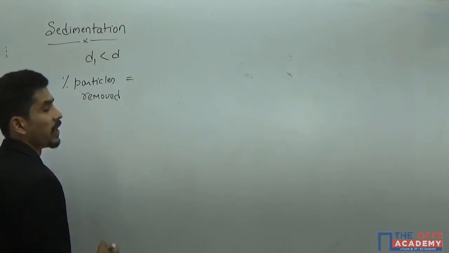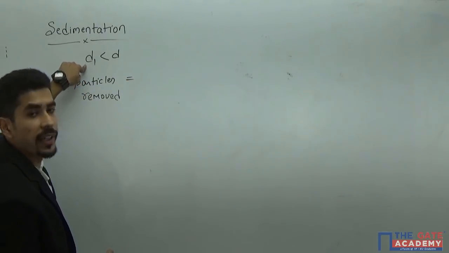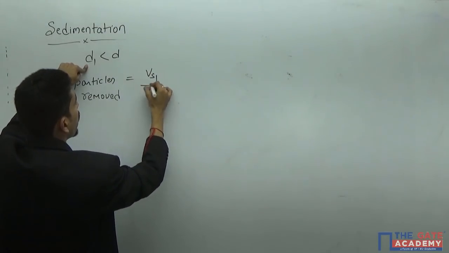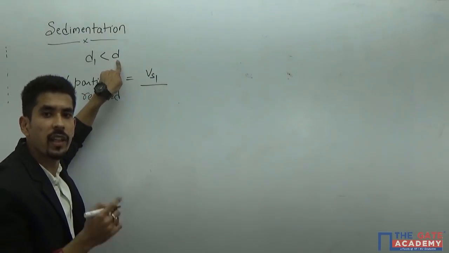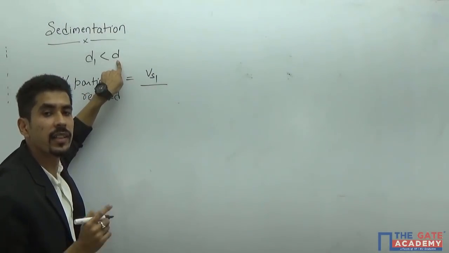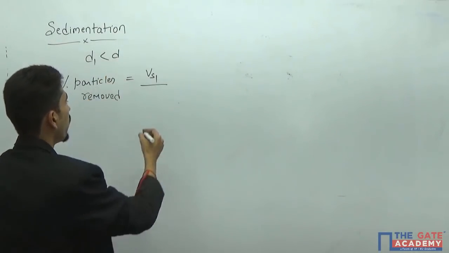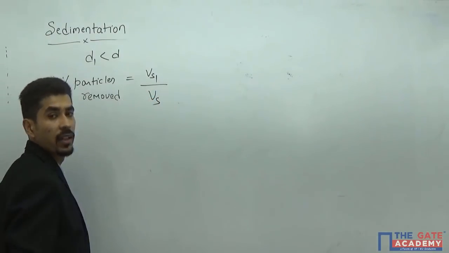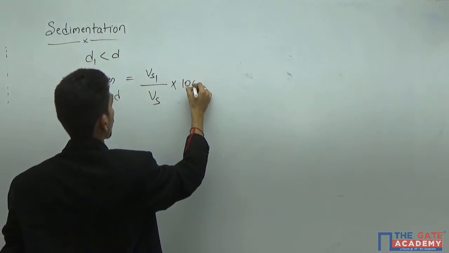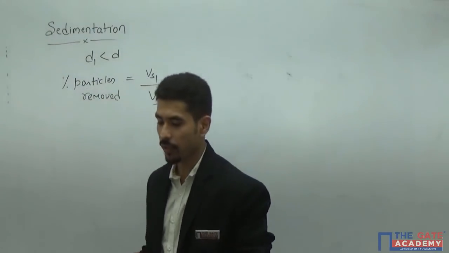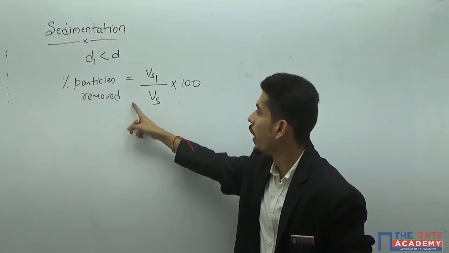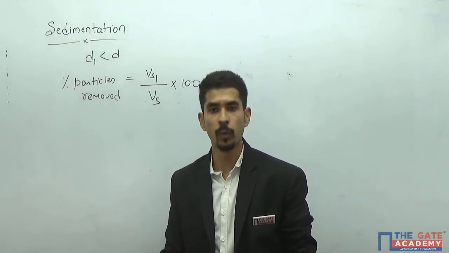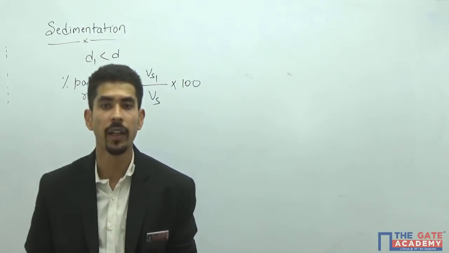It is given by the settling velocity corresponding to your D1 particle, Vs1, divided by the settling velocity of your concerned particles, or I can say the surface overflow rate, Vs, into 100. By this expression, you'll get how much percentage of that particle is going to get removed.